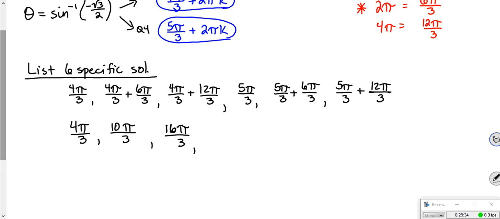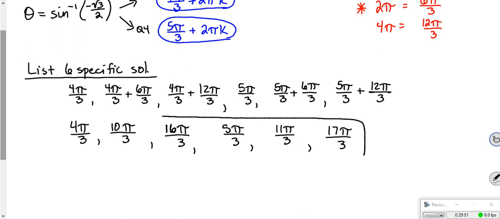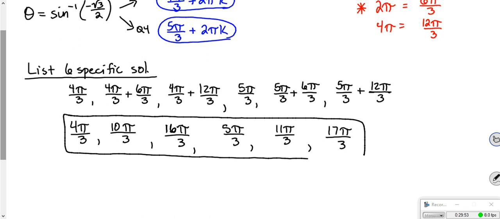The next one, again, is just 5 pi over 3. Then 5 pi over 3 plus 6 pi over 3 is 11 pi over 3. And then 5 pi over 3 plus 12 pi over 3 is 17 pi over 3. So this would be my 6 specific solutions.